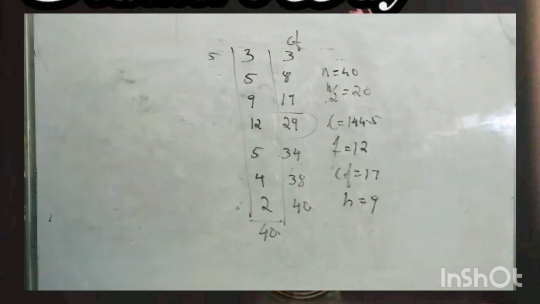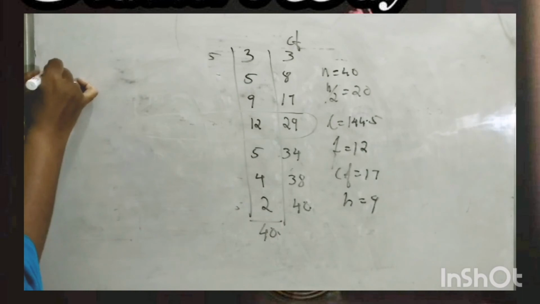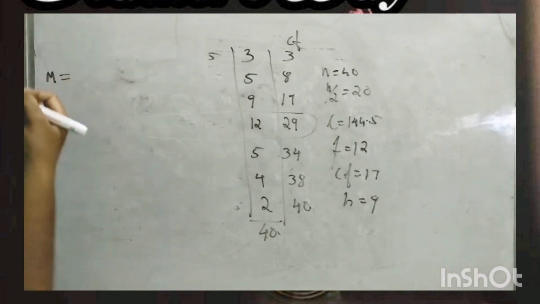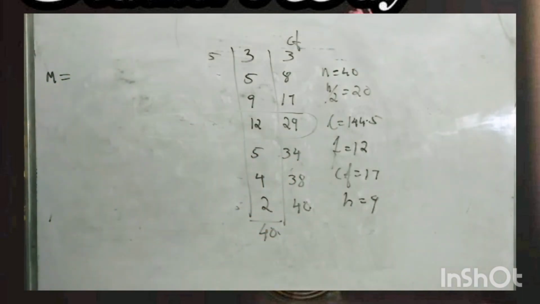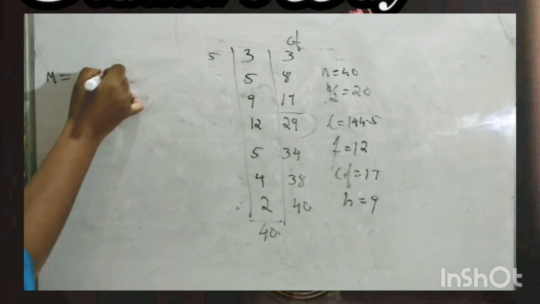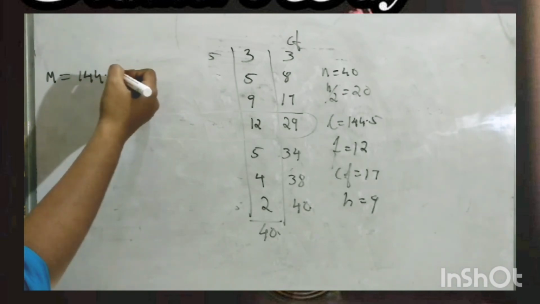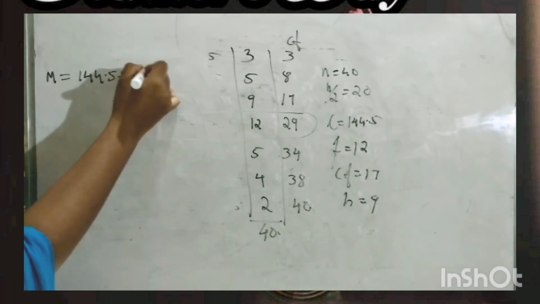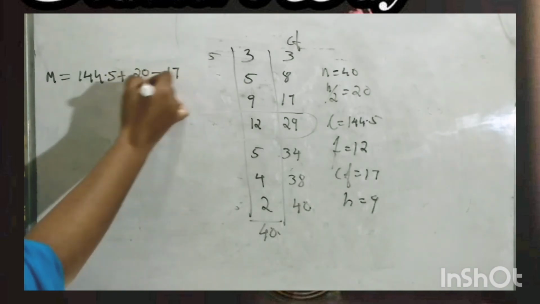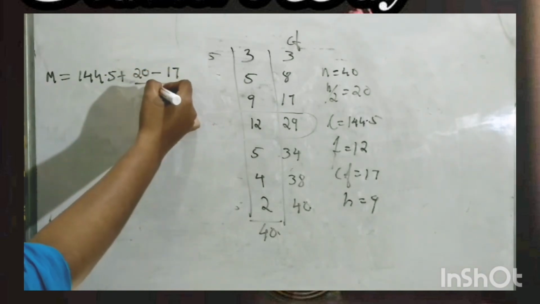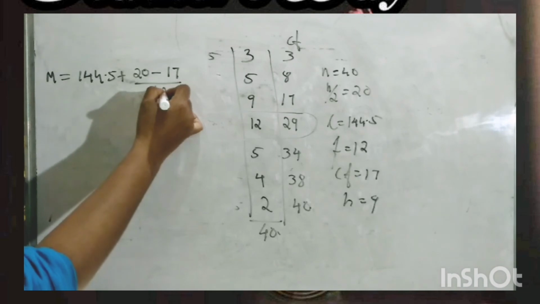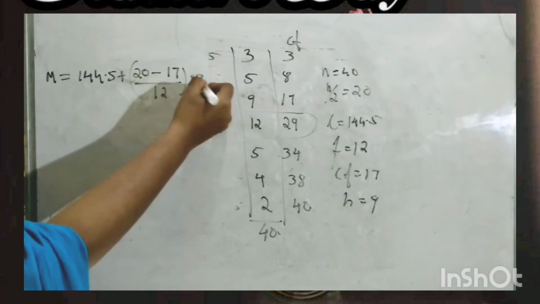Median is equal to L plus, L is 144.5, plus n by 2, 20, minus CF of 17, divided by F, 12, into 9.